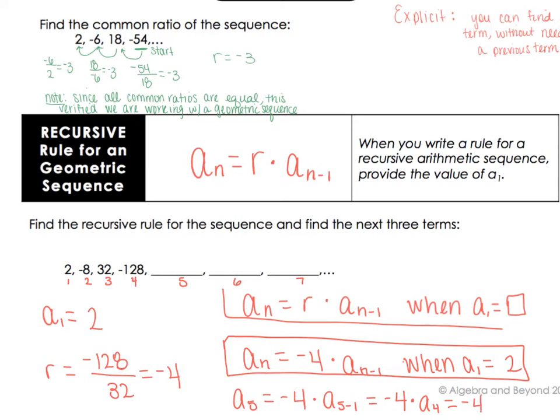So it's going to be negative 4 times negative 128. And we'll be able to fill in that this is going to be 512. Okay, so you could find that for your 6th and 7th term, but just to save a little bit of time, we're going to have negative 2048 and then 8,192.